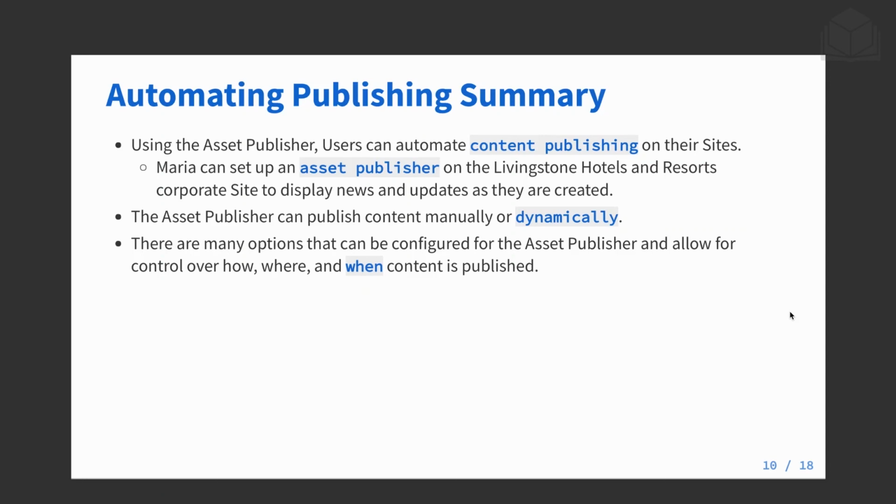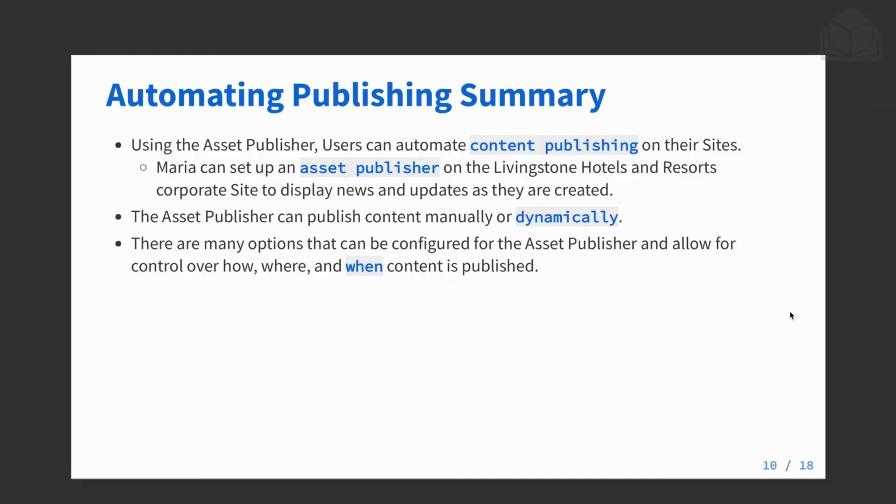That's what I called the self-publishing page. So the example that I used earlier was the Livingston business requirements, having it so that we need news automatically publishing on the front page of Livingston Hotels and Resorts. So Maria or someone like Josiah could work together from Livingston to go ahead and set up an asset publisher there and configure it similarly to what we did with the Livingston Life site.